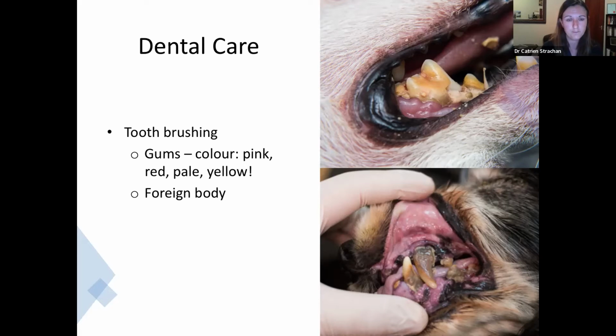It also gives you an opportunity to notice if there is perhaps a little bone stuck, or a piece of grass or a piece of wood or something like that. If you're noticing that your doggy isn't eating well, go look in that mouth. There might be something there.